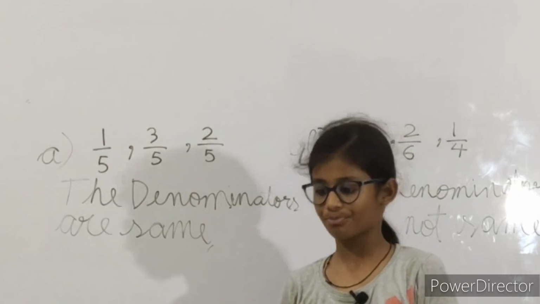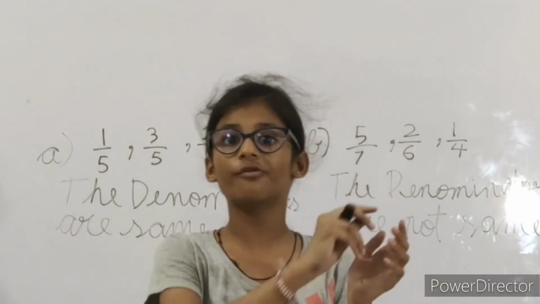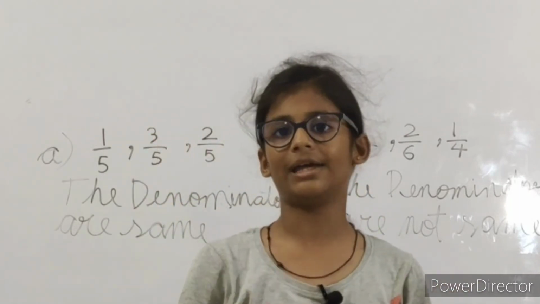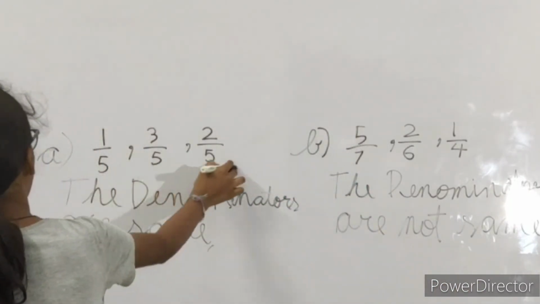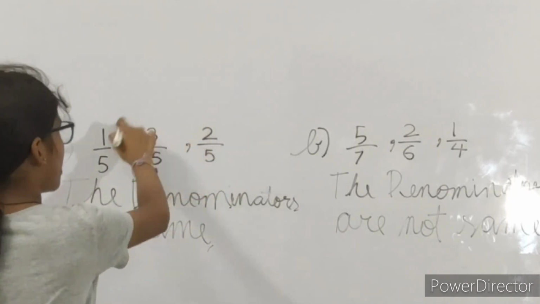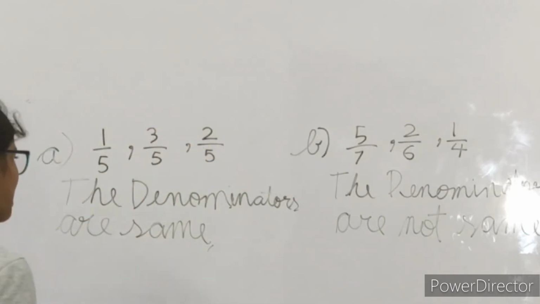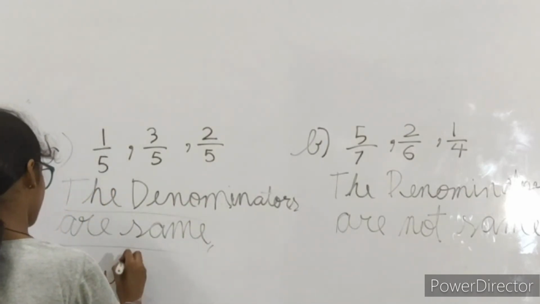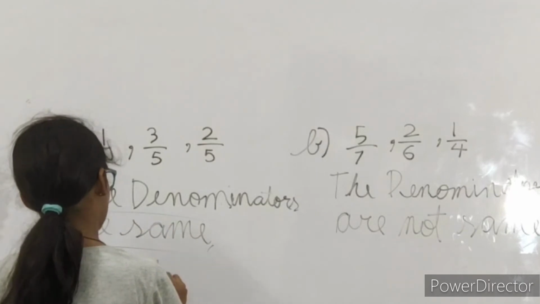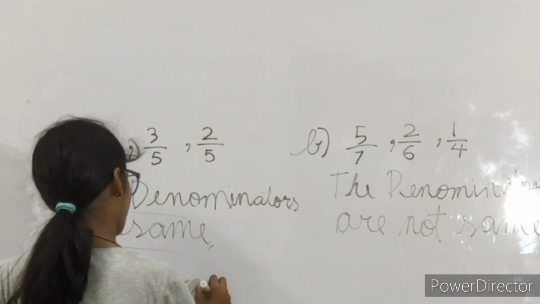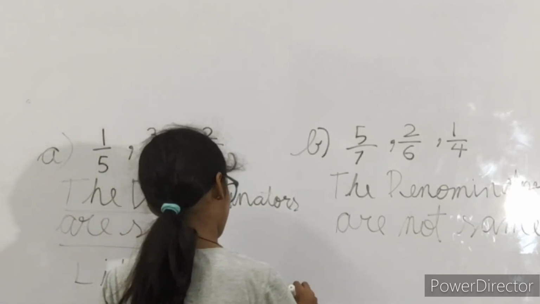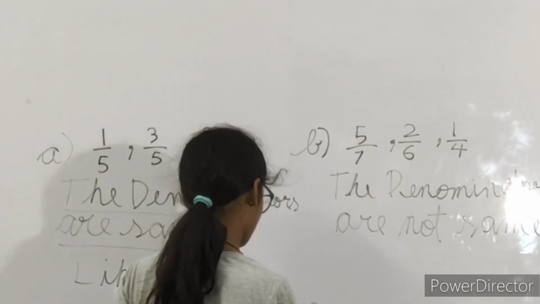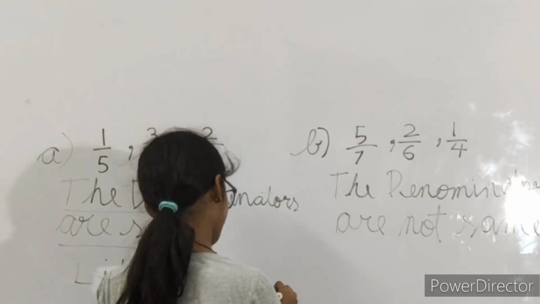When the denominators of the fractions are same, they are called like fractions. So all fractions in a group with same denominators are called like fractions.